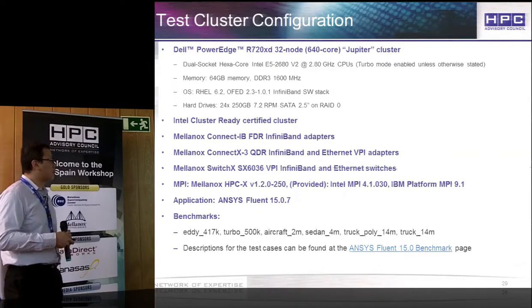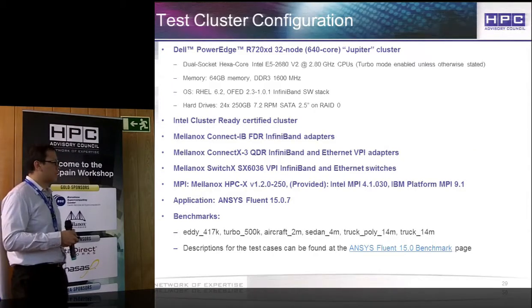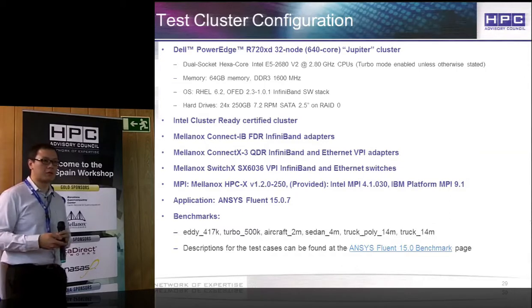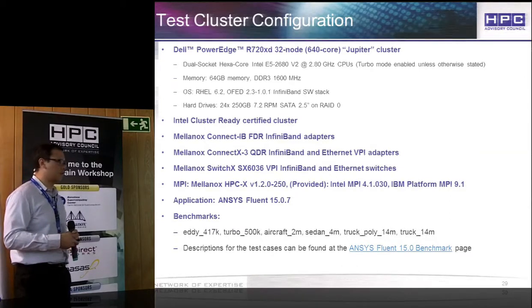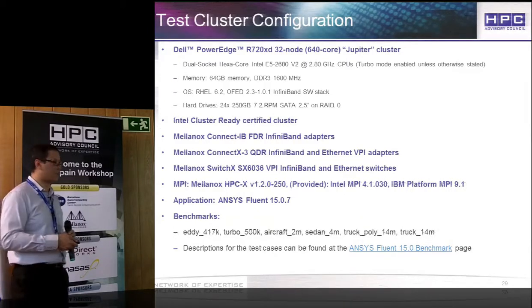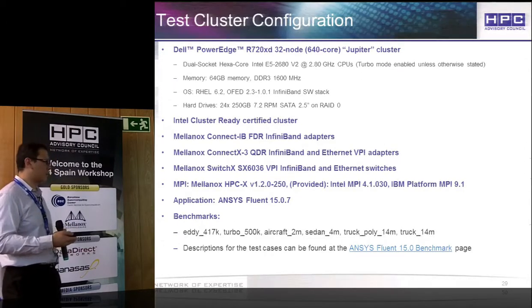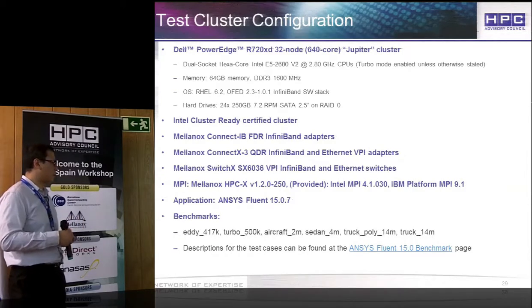For ANSYS Fluent, the MPI implementations provided are Intel and Platform. Platform, once again, is the default MPI, but we're also going to try something newer called HPCX, which is based on OpenMPI. The HPCX we'll use here is this version, a little later than what we tried earlier.